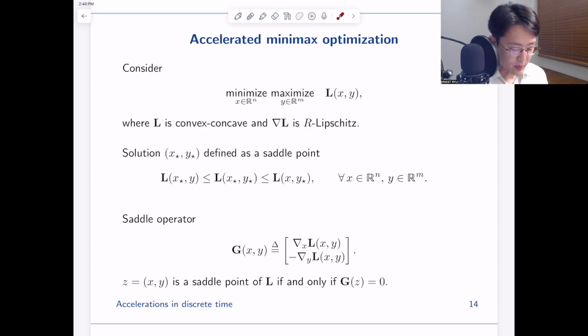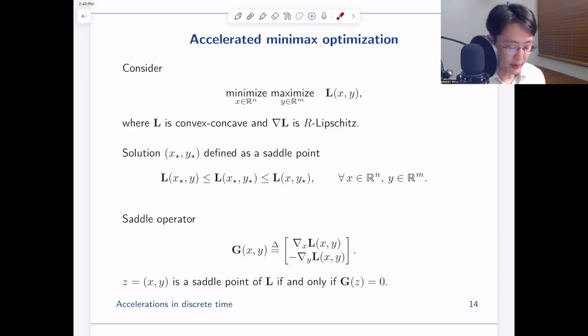Let's define the saddle operator G. G is basically the gradient of L, but we have the gradient of L with respect to x, and the negative gradient of L with respect to y. So we flip the sign on the y variable. We do so because with x we want to minimize, but with y we want to maximize, so the negative sign reflects the sign difference in our objective.